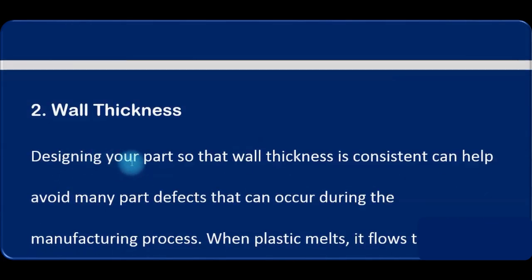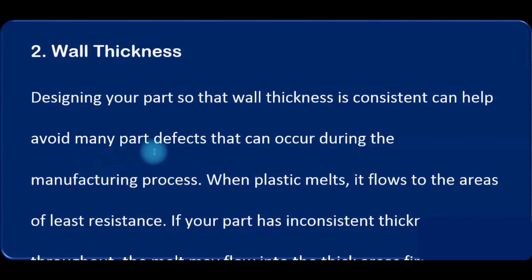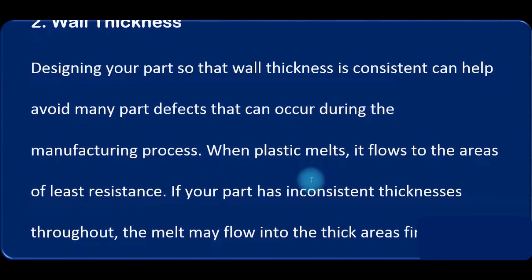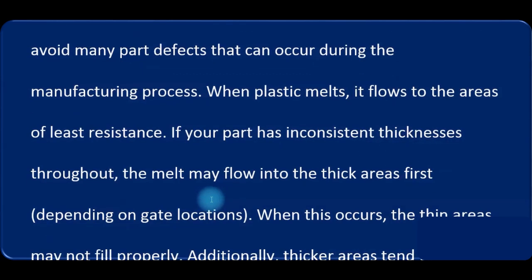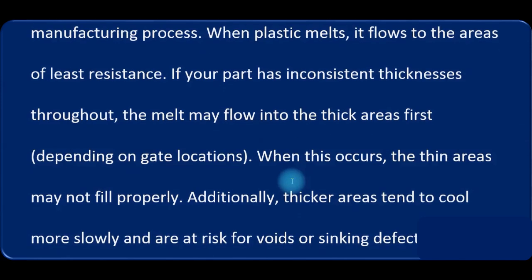Second is the wall thickness. Designing your part so that the wall thickness is consistent can help avoid many part defects that can occur during the manufacturing process. When plastic melts, it flows to the areas of least resistance. If your part has inconsistent thicknesses throughout, the melt may flow into the thick area first, depending on gate location.